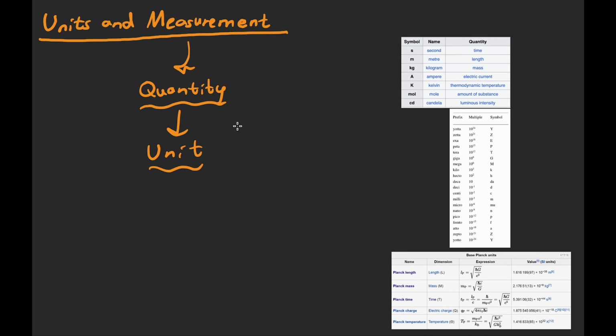Because saying only a number like 5, 6, or 10 gazillion something doesn't really make sense when you're talking about the actual reality. You need to somehow define these quantities.